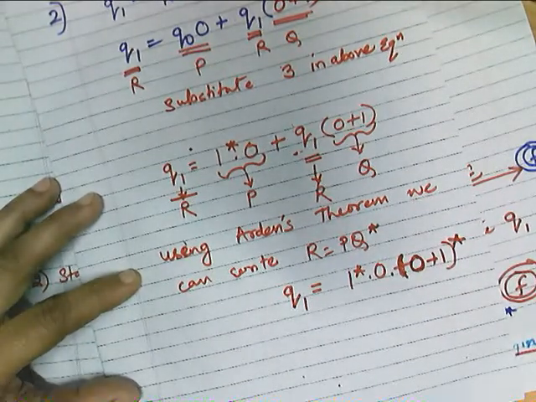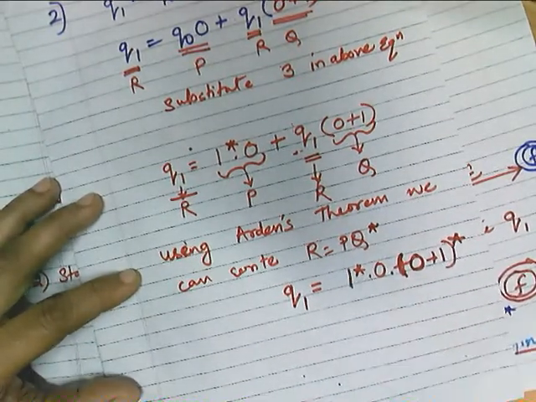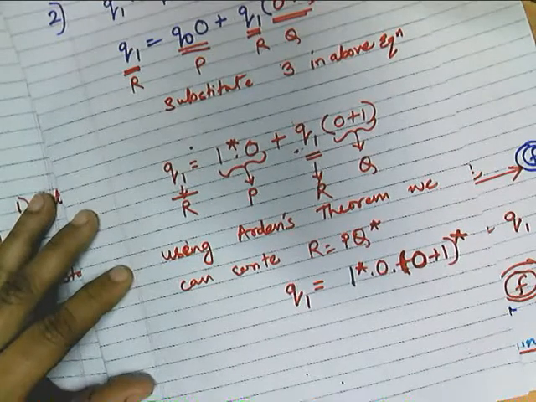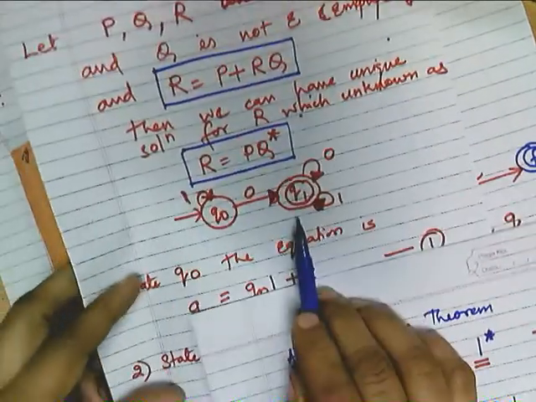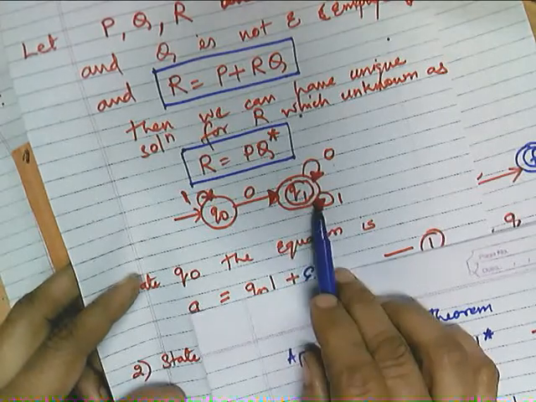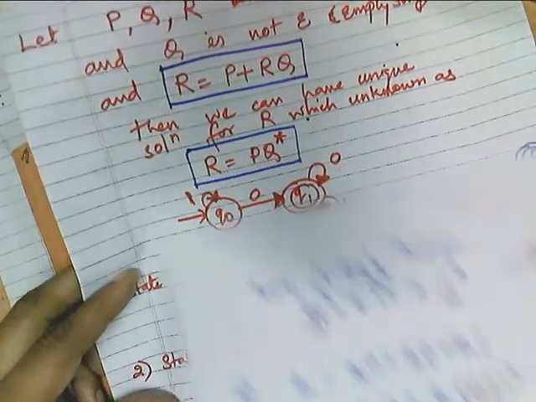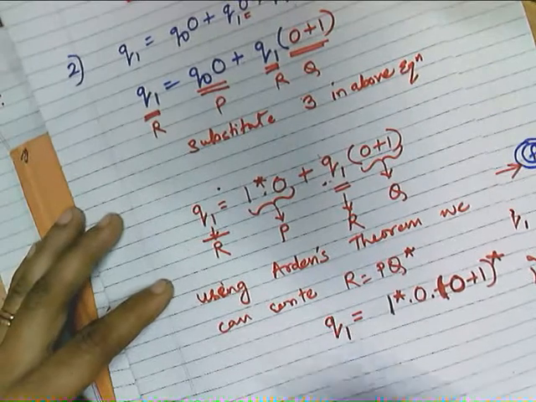So how do we find the final expression using Arden's theorem? How many final states are there in this given problem? There is a single final state, which is Q1. Whatever the final state equation is, that is considered the final regular expression.